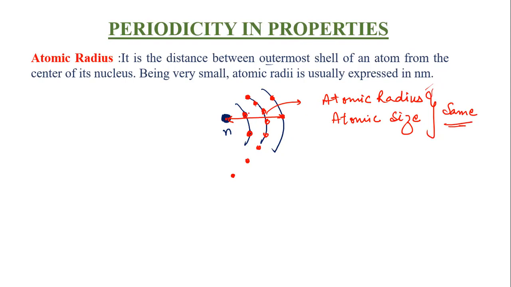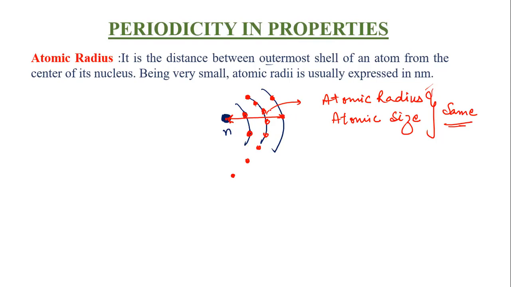Now this atomic radius depends upon the force of attraction. If the force of attraction is high, the electrons are pulled in easily and it will be difficult to move them.